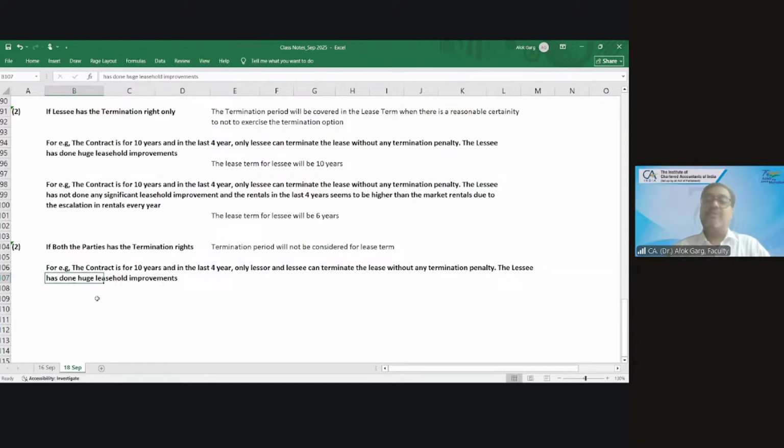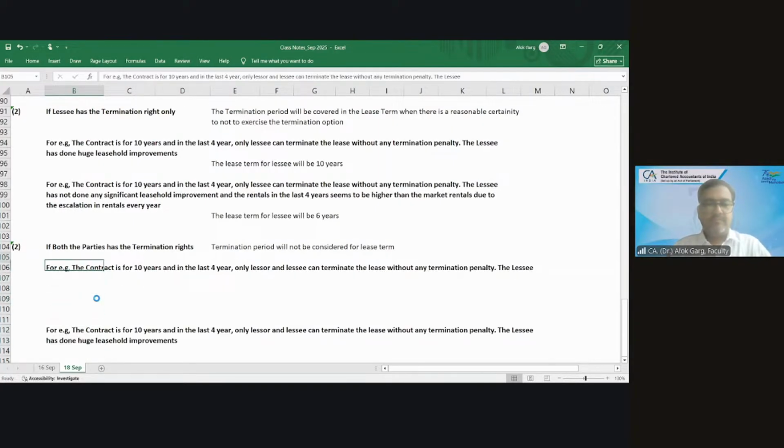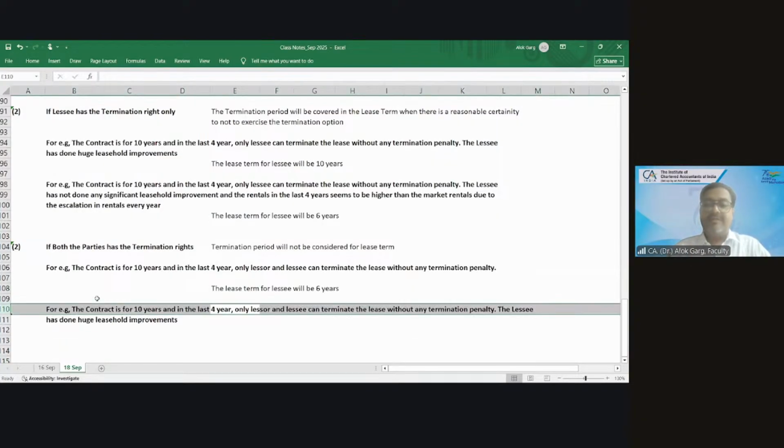The lessee has done huge leasehold improvement. Tell me, what is the lease term in the first case? The contract is for 10 years. Both the parties have a right to terminate. Then the termination period will not be considered. The lease term will be 6 years.